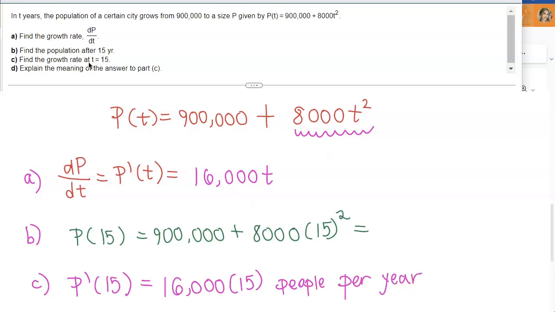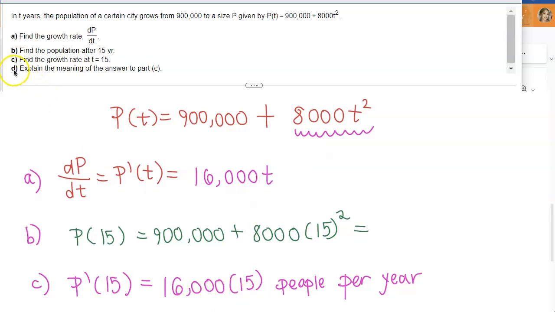The unit is talking about how we're getting more people per year, and please do multiply using your calculator when you type answers into your homework. This number coming out as positive is telling us that this population is growing. If that number came out negative, we'd say the population is decreasing by that many people per year, but this is a positive number.